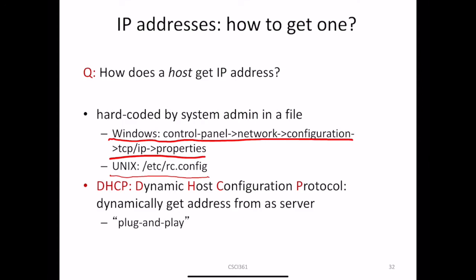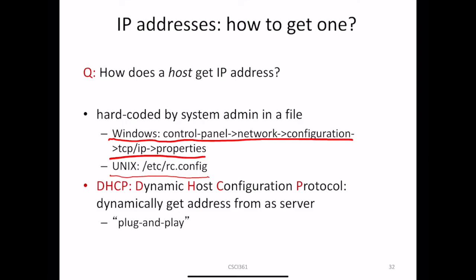However, we know that this way is a constant way. So we have another way to do it, which is through DHCP. DHCP is short for Dynamic Host Configuration Protocol, which can dynamically get an IP address from a server. We also call it plug and play, because as long as your network supports a DHCP server, everything will be done automatically.